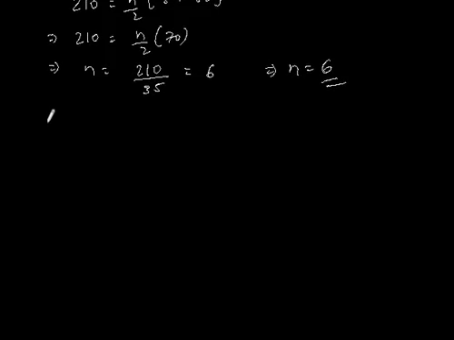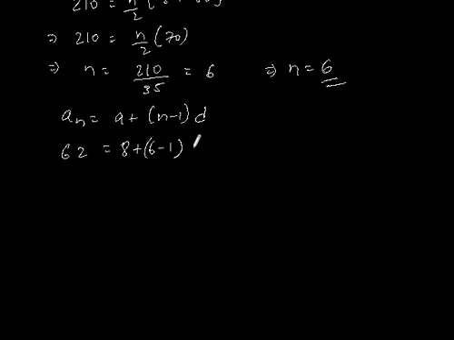We know that an is equal to a plus n minus 1 into d. Putting the value, an is 62 is equal to 8 plus 6 minus 1 into d.